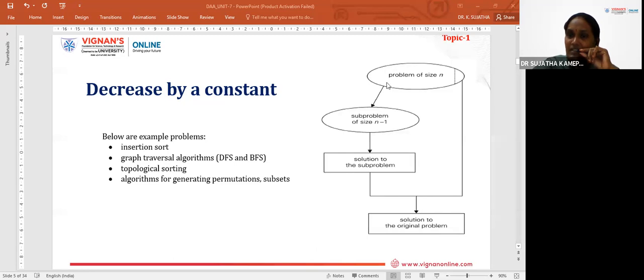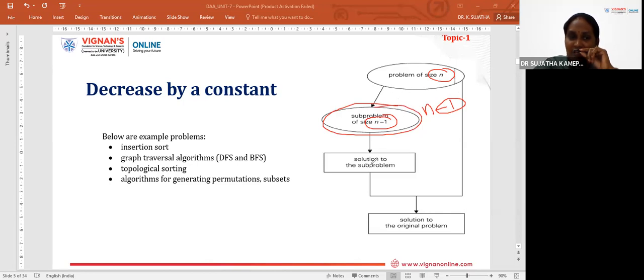Initially you have a problem of size n. In the first iteration, you reduce the problem to a subproblem of size n minus 1, that is, you are subtracting 1 from the size.